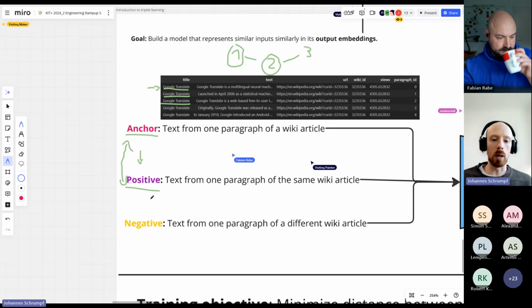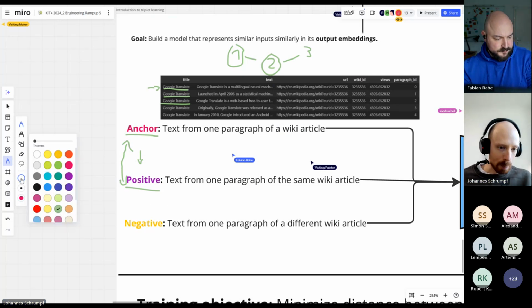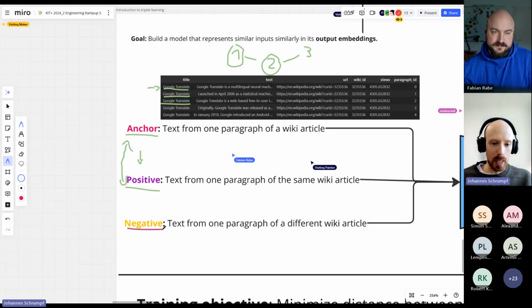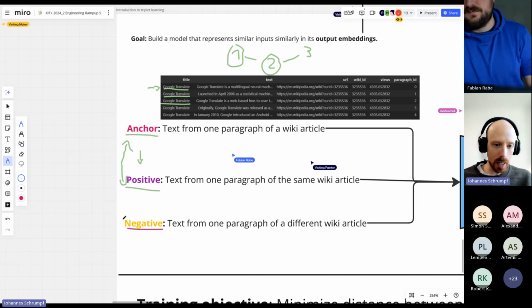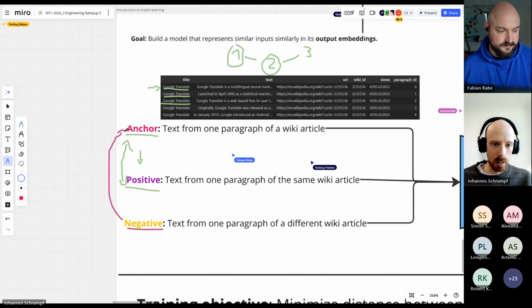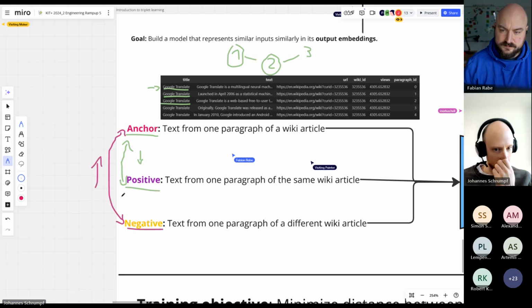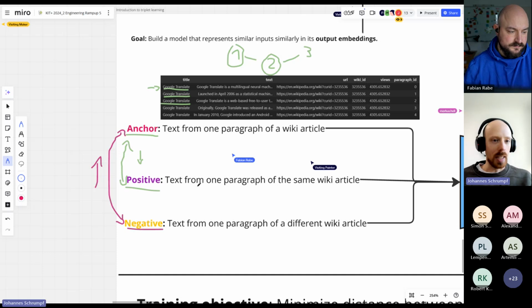Right? It could be a paragraph about the wing shape of a beetle or something like this, right? And we pick this as a negative, and the relationship between the negative and the anchor should be maximized, right? And this is triplet learning.